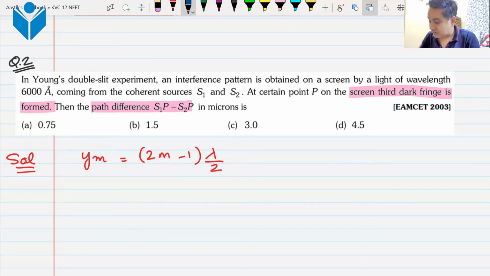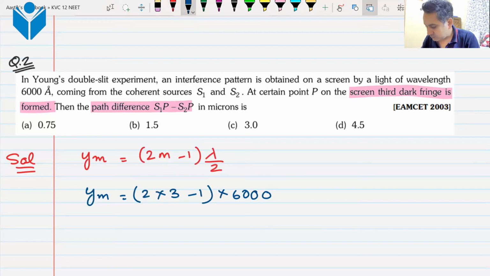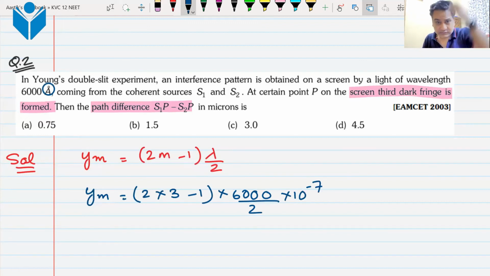So the position of the third dark fringe will be 2 into 3 minus 1 into lambda, 6000 by 2. Now it is written as 6000 Angstrom unit. So you should basically multiply it by 10 raised to the power minus 7. But again, look at ways of saving your time.